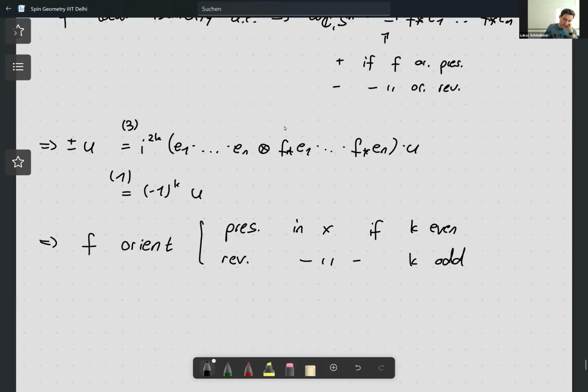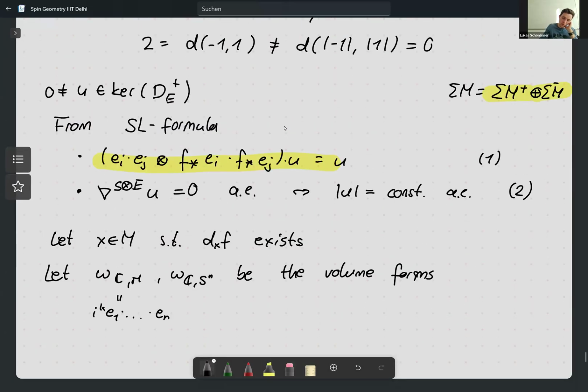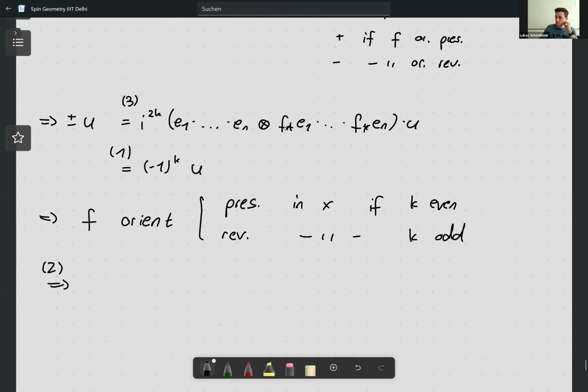And x was arbitrary, and since the norm of u is constant almost everywhere, it does not vanish anywhere, or at least not up to a set of measure 0. So this all holds almost everywhere.